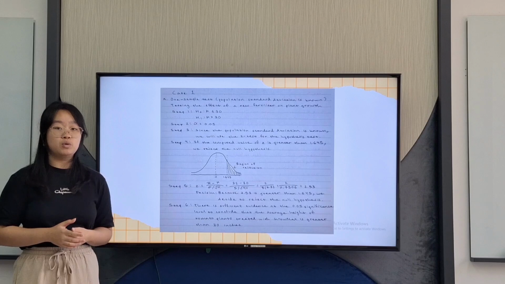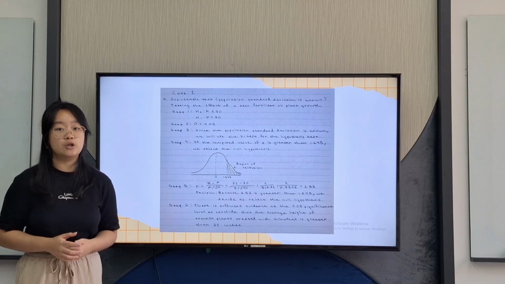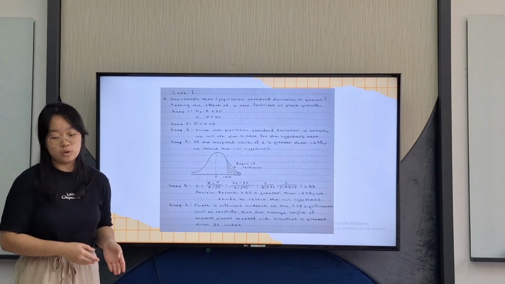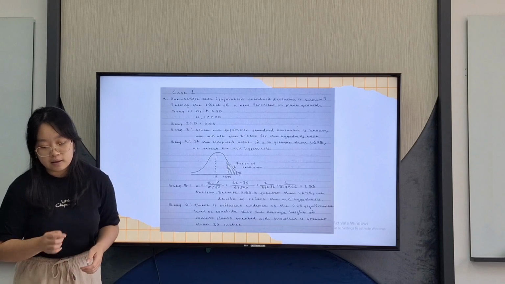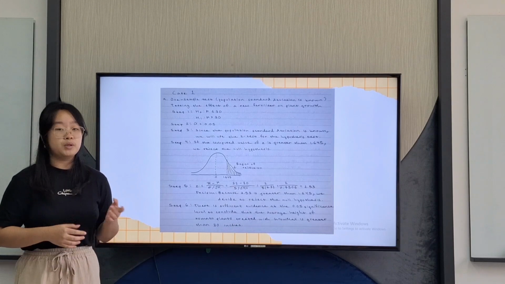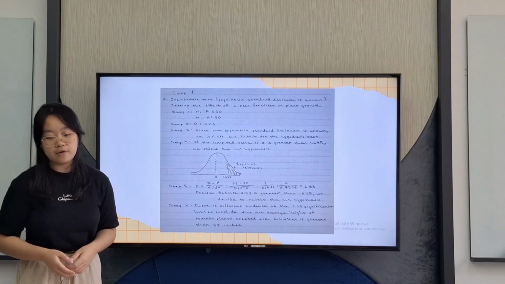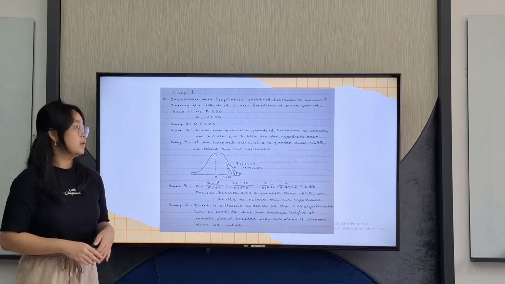And for step 2, the level of significance that we got from the question is 0.05. Next, since the population standard deviation is known, we will use the Z-test for the hypothesis testing. Then, if the computed value of Z is greater than 1.645, we will reject the null hypothesis.